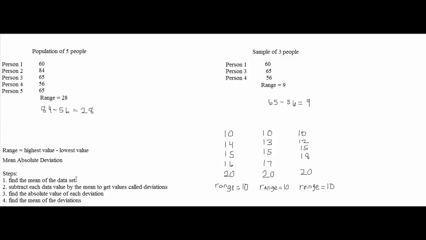So first we have to find the mean of the data set. Let's do it with the population first, and then with the sample. So what's the mean of this population?